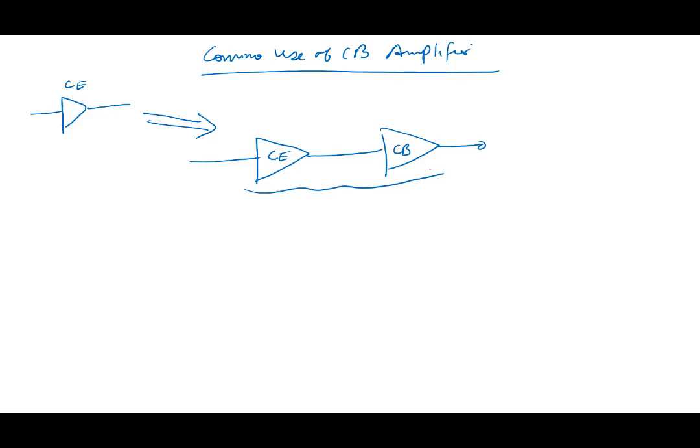This pair, CE followed by CB, is superior to a common emitter amplifier alone. Okay, how? This amplifier goes by the name cascode amplifier. Together, we'll see how you can connect CE and CB together.